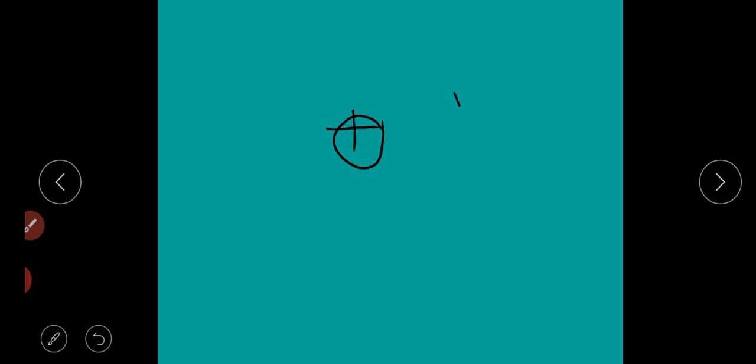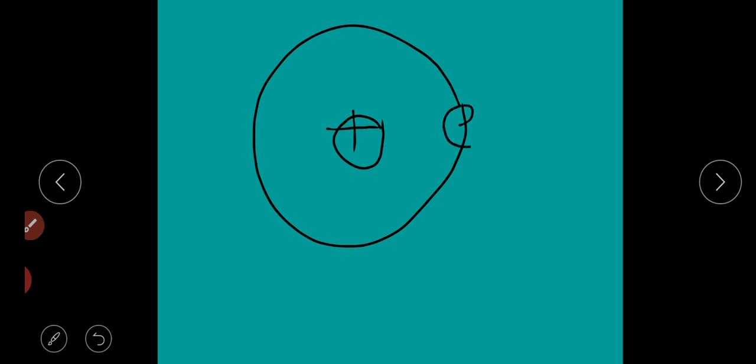Around this the electrons are revolving in a fixed orbit. This electron is revolving around the nucleus without any emission of energy. It won't emit any energy during its revolution around the nucleus. This postulate is said to be the first postulate of Bohr.